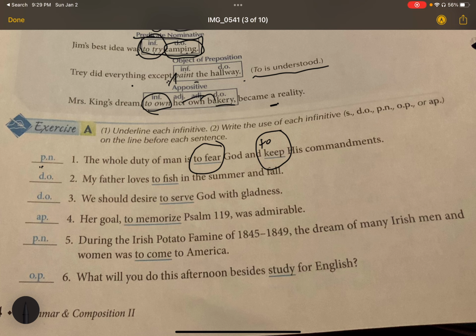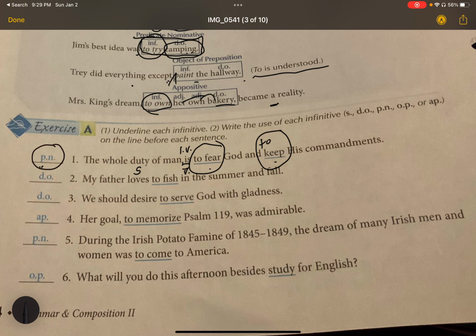So now how's that being used in the sentence? Go back. The whole duty of man is, so here we've got the subject of the sentence. Here we've got the verb. It's a linking verb. Therefore, we know we're looking for a predicate nominative or predicate adjective. These infinitives are acting as nouns, so it's a predicate nominative.